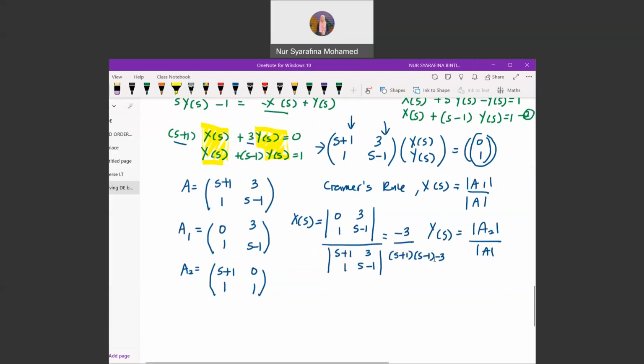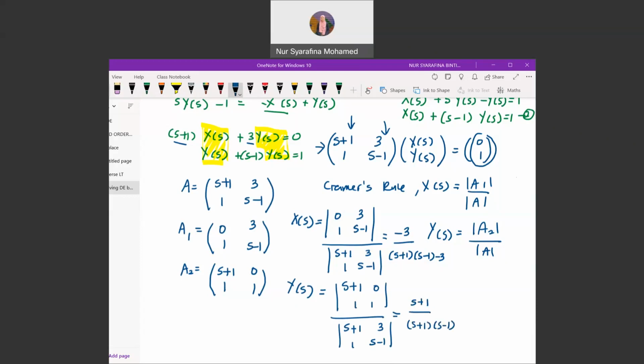And then for Ys, it is determinant of A2 divided by determinant of A. Here we have s plus 1 minus 0, so s plus 1, divided by (s plus 1)(s minus 1) minus 3.